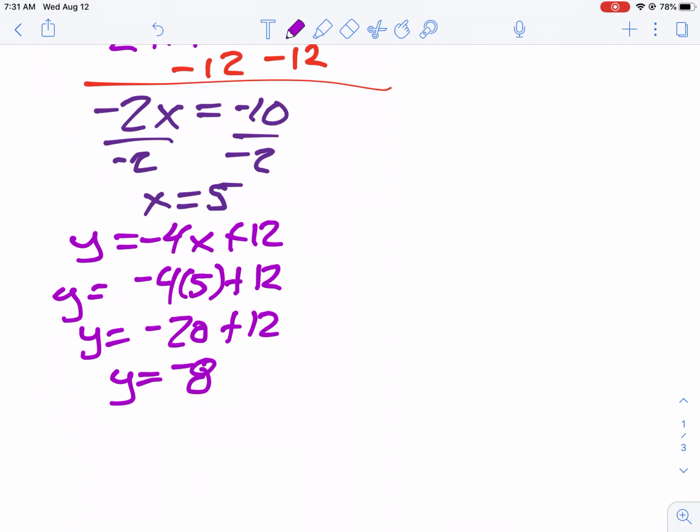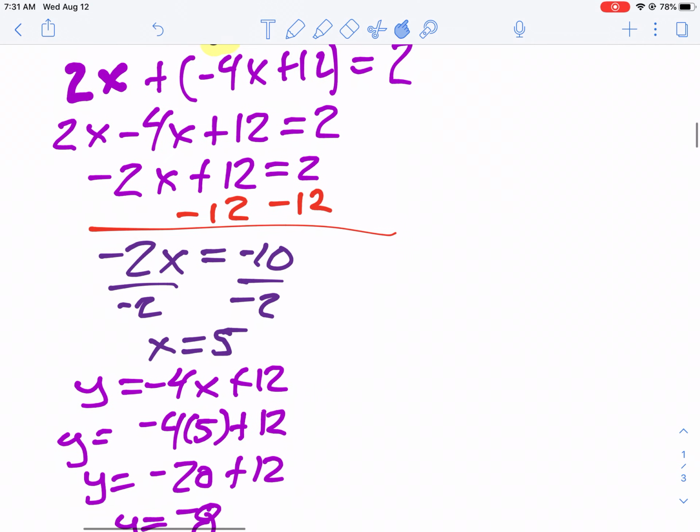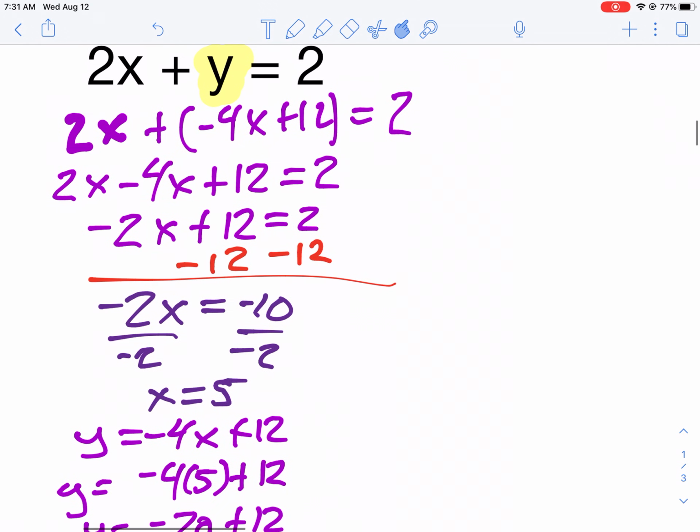So then our answer is 5 and negative 8. There's your answer. Now we could substitute that back into the second equation to make sure it's true. Is 2 times 5, that's 10, plus negative 8, that gives me 2, so it checks.